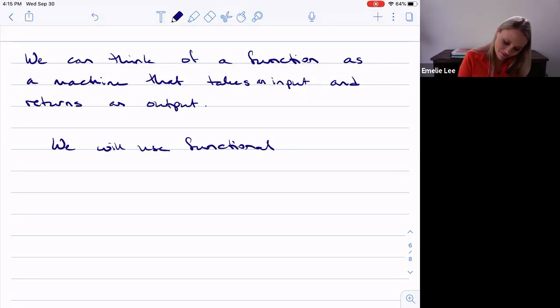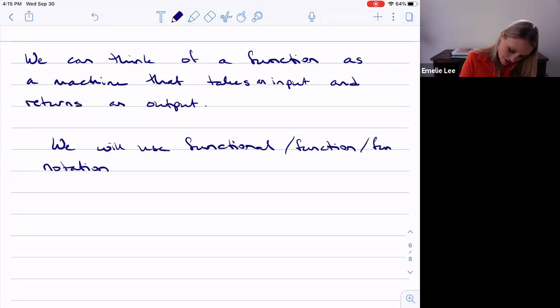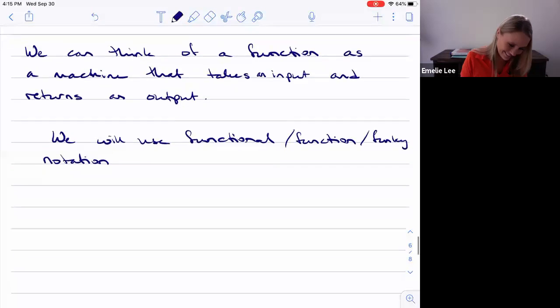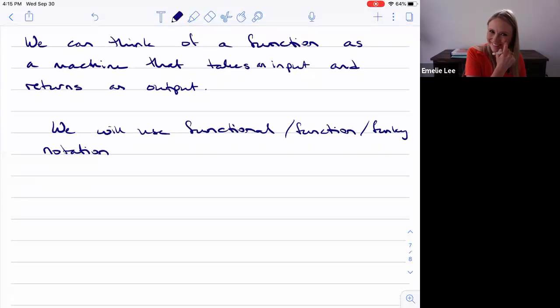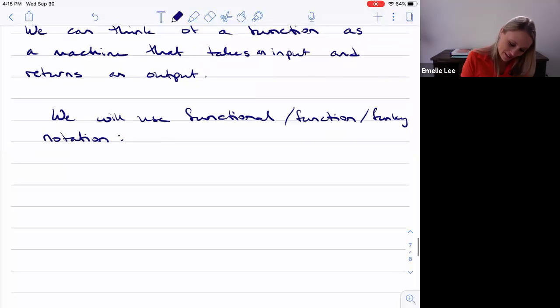So functional slash function notation slash funky notation. It's not called that, but if it helps.